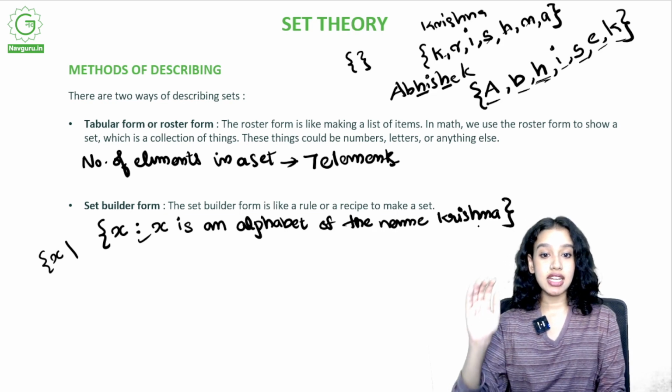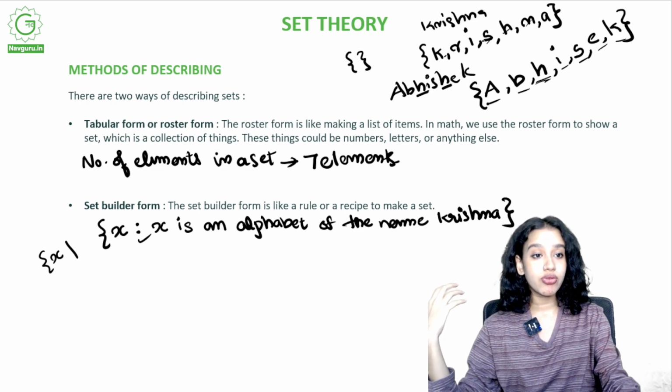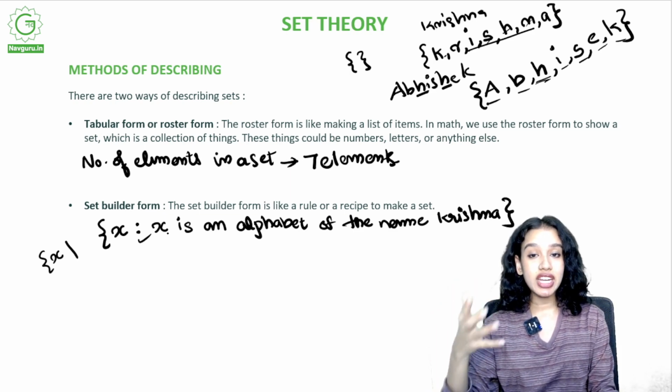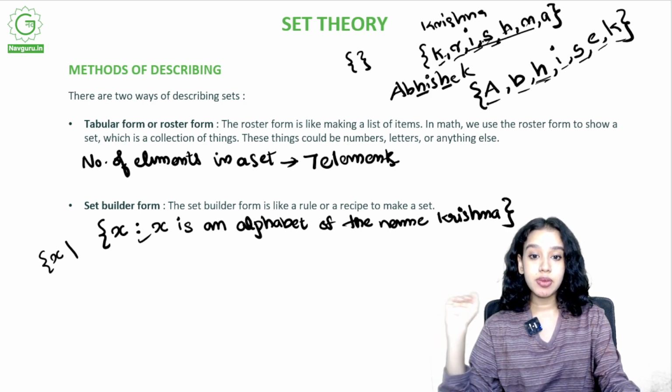So X such that X is an alphabet of the name Krishna is the set builder form of this set, right? So we define what each and every element of a set is by using set builder form.